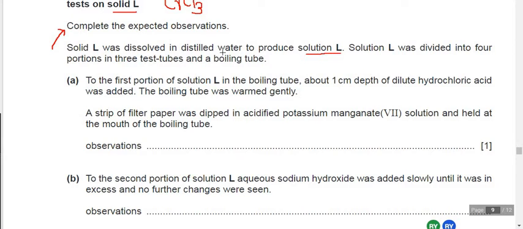So chromium chloride is dissolving in water and producing a chromium chloride solution, and this solution was divided into 4 portions in 3 test tubes and 1 boiling tube. Okay, so first one, to the first portion of solution L in the boiling tube, 1 centimeter depth of dilute hydrochloric acid was added.